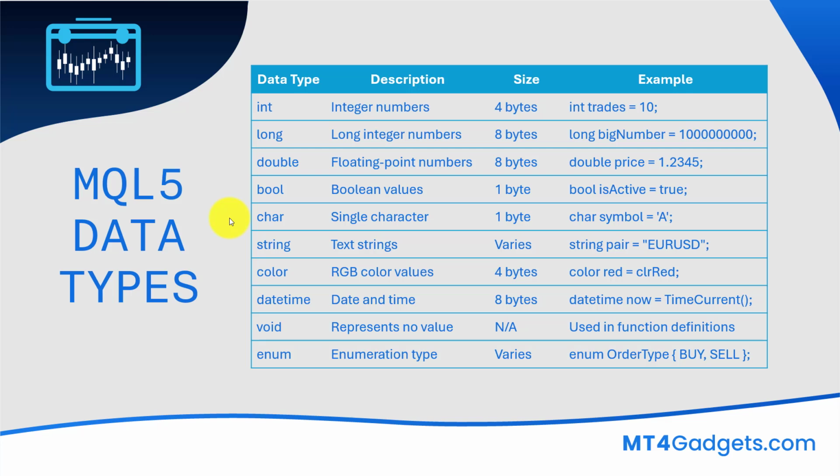So hopefully you've got a better understanding of the most popular data types in MQL5 language. You'll see even more in the coming lessons and videos around variables and constants for sure.